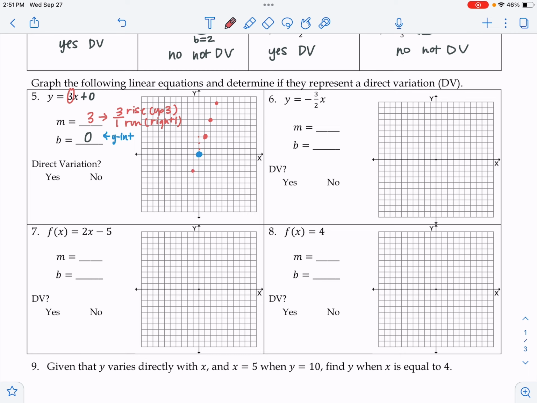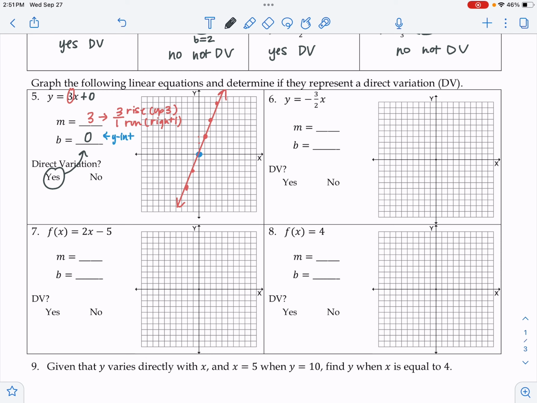Down 3, back 1 to continue the pattern. And then we can connect our line. And so this would be a direct variation because our b value is 0, and it goes right through the origin.